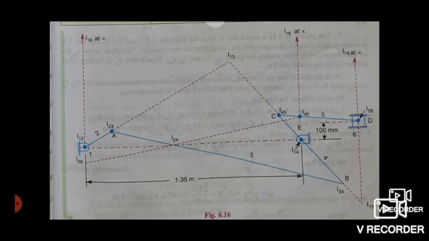I13 lies on the intersection of I12, I23. I12 is the left corner, I23 is point A, both extended, that meet at I13, and I34, I14.